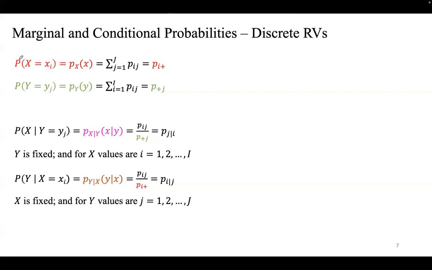Once we are done with this, we might want to find some conditional probabilities. Here, it is the conditional probability of x when y is given to you. So you're fixing y. If you remember from the original definition of conditional probability, when it was A given B, it was A intersection B in the numerator and B in the denominator.